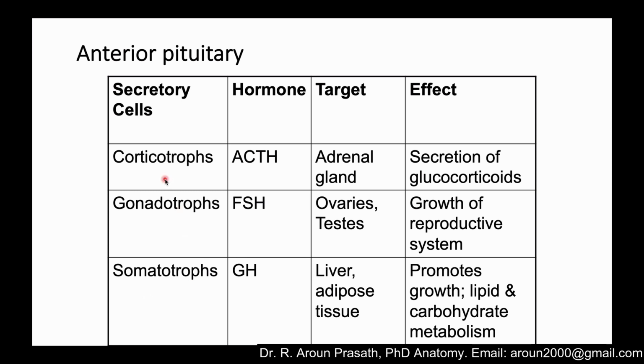These cells produce hormones. The corticotropes produce adrenocorticotropic hormone. This goes to the adrenal gland and makes it secrete glucocorticoids.